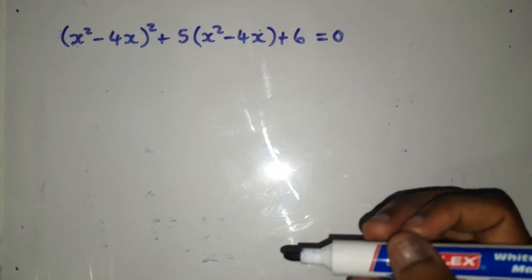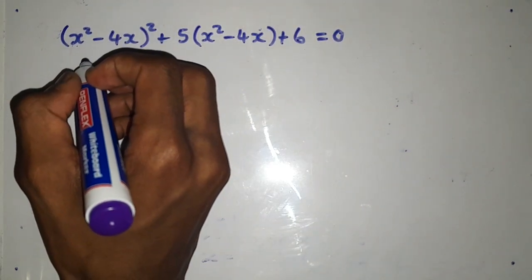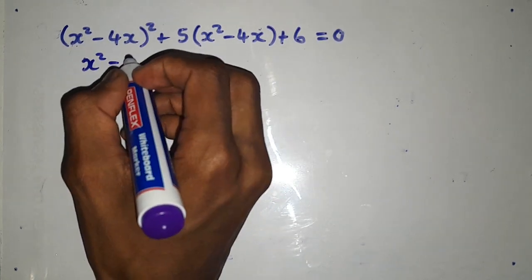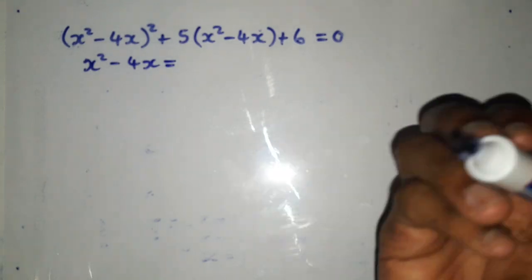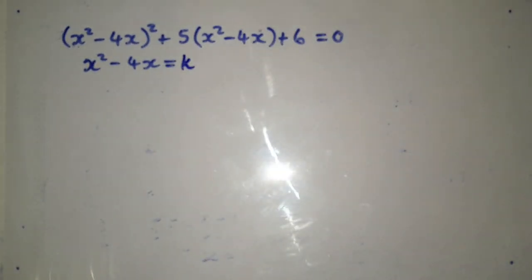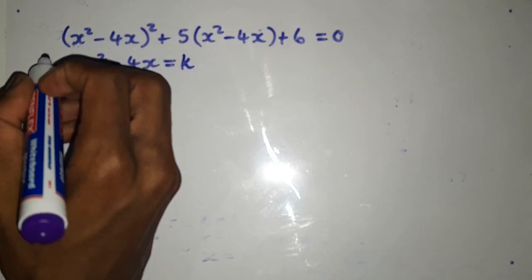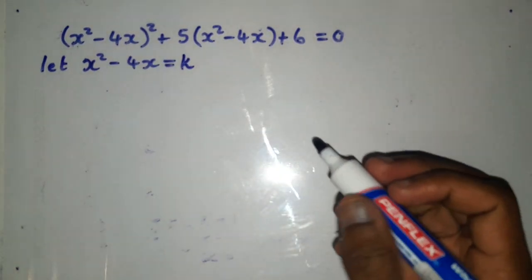We are allowed to say, where we see x squared minus 4x, let us use a different value, which is k, in order for us to make it simple. We let x squared minus 4x be k.